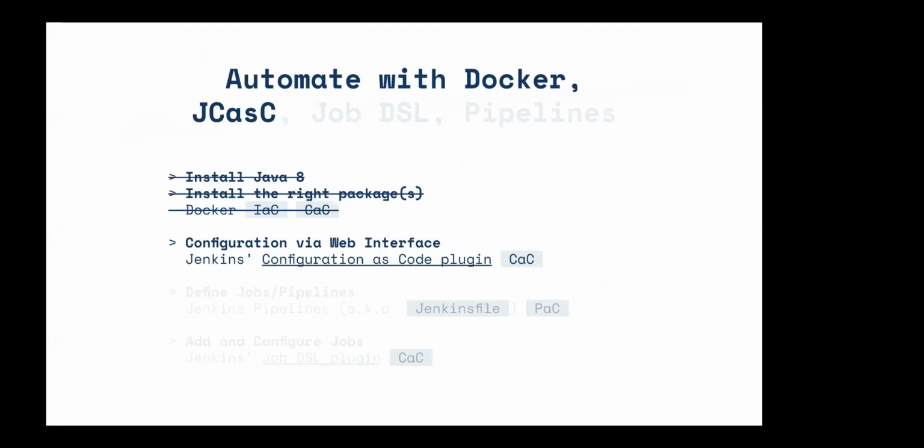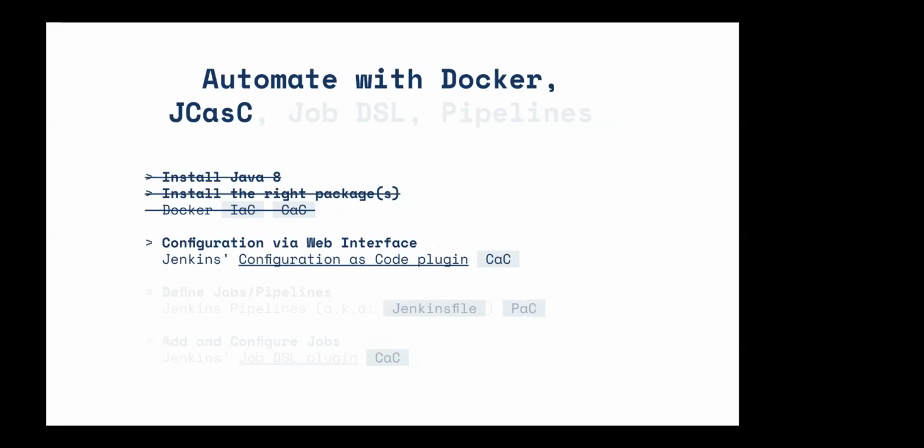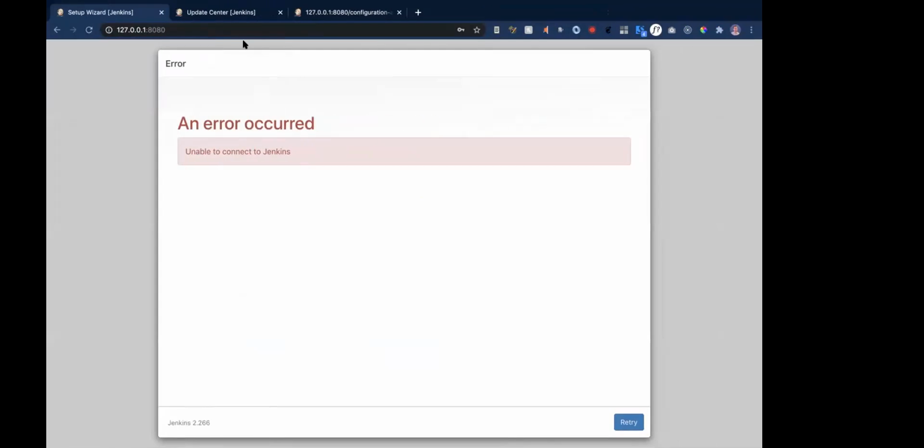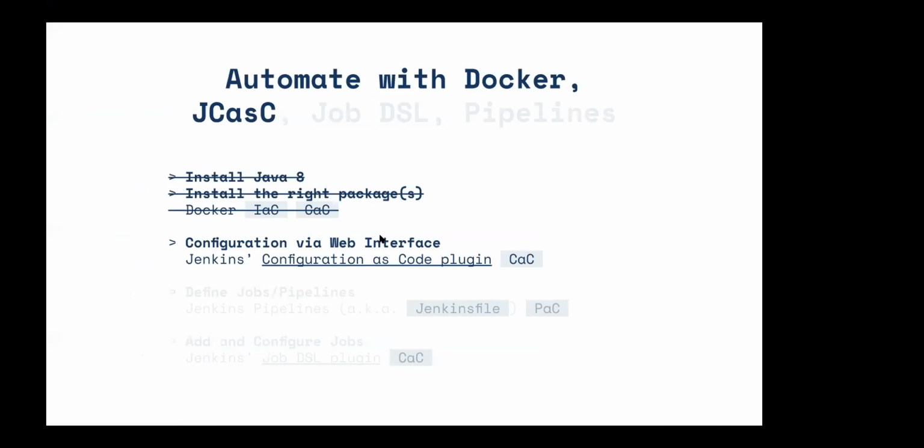For us to fully automate the Jenkins deployment and configuration, the next thing we should do is to configure Jenkins, which is basically what that setup wizard was set up to do, the one I showed you before. But if we don't want to click buttons and type in usernames and passwords, we have to replace that with another solution, and that solution is JCasC.